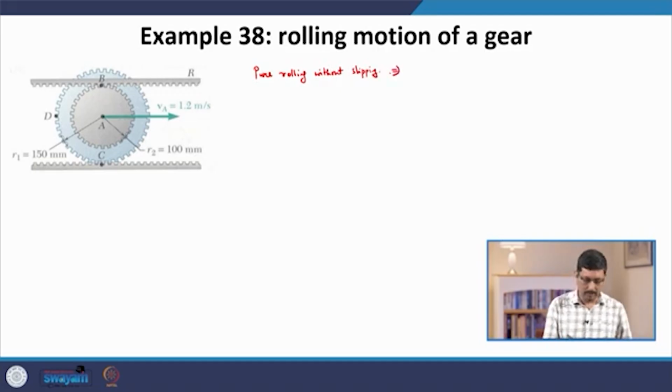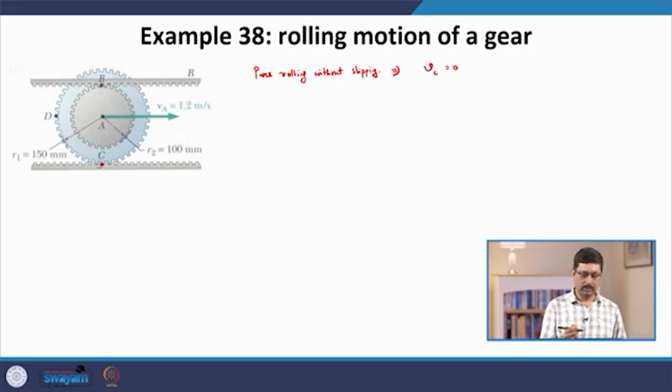That means that the instantaneous point of contact of the gear wheel with this lower rack must be 0, because it is given that this lower rack is not moving. So, the velocity of the point of contact C must be 0.